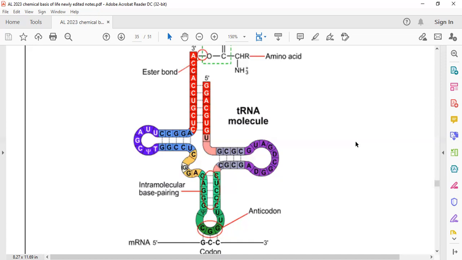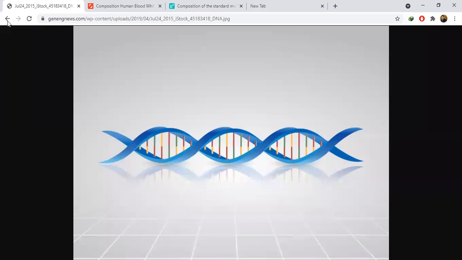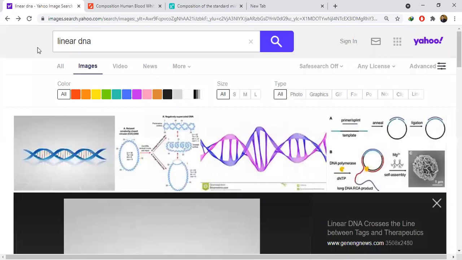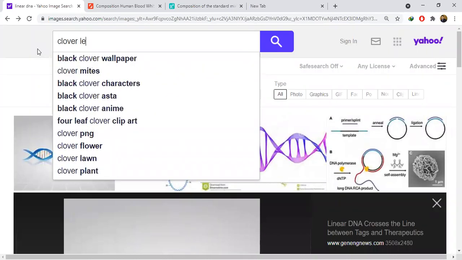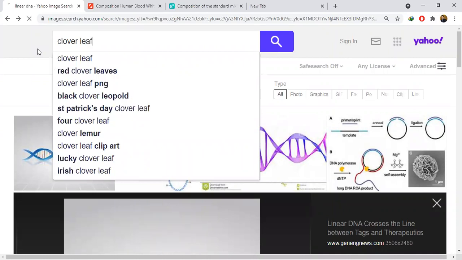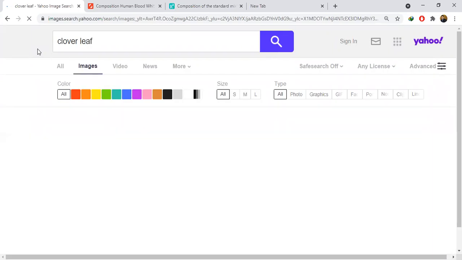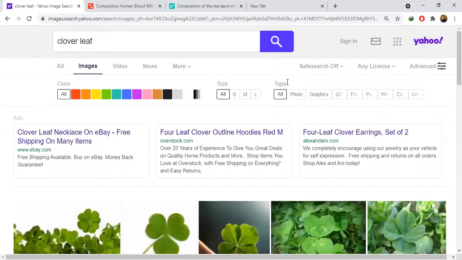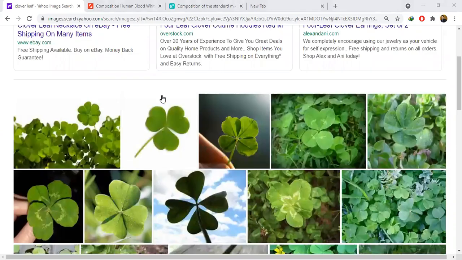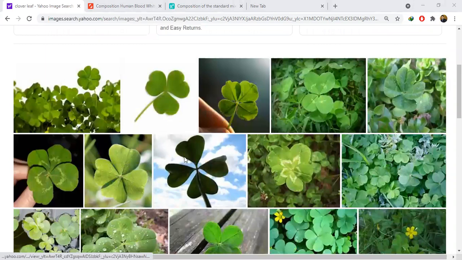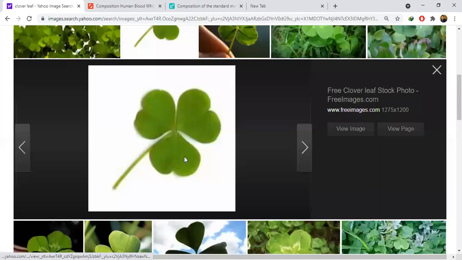Some books describe tRNA structure matching it to the clover leaf. This is the structure, this is the leaf called clover leaf. In the clover leaf also you can see there are three loops there.